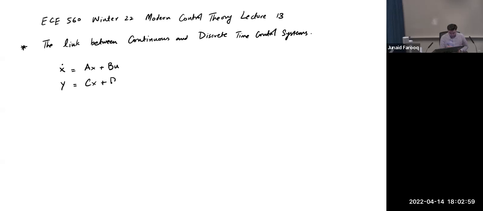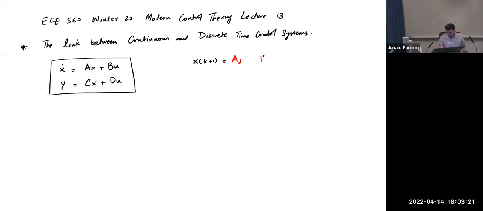So if this is the system at hand, and you want to get to a discrete system, which is described as x[k+1] equals a new matrix now, A discrete, and then B discrete. So we mentioned this before, but we haven't seen the relationship between these matrices.